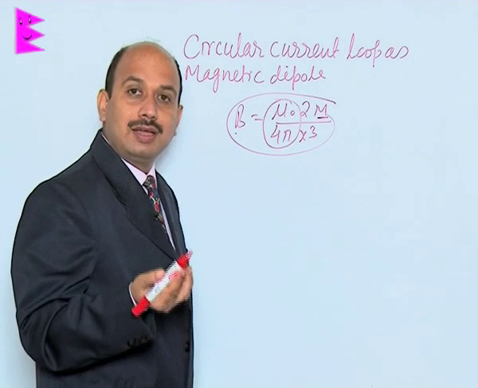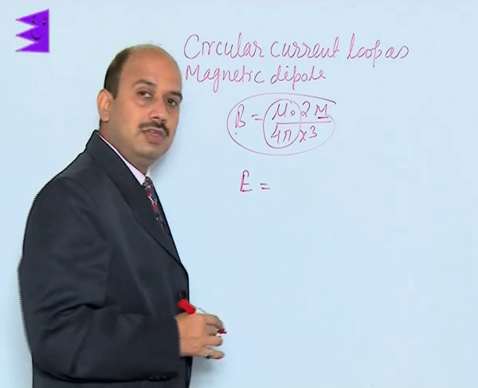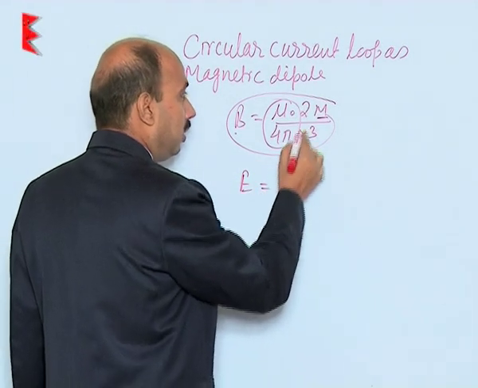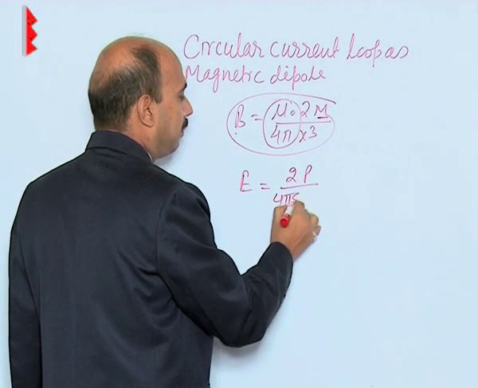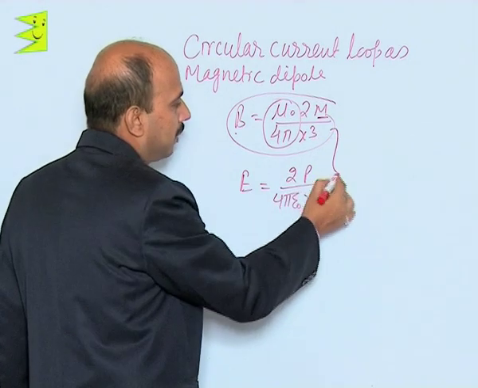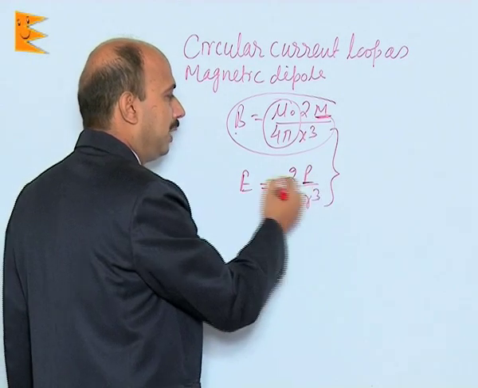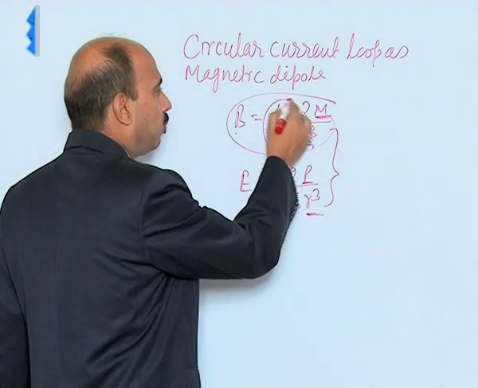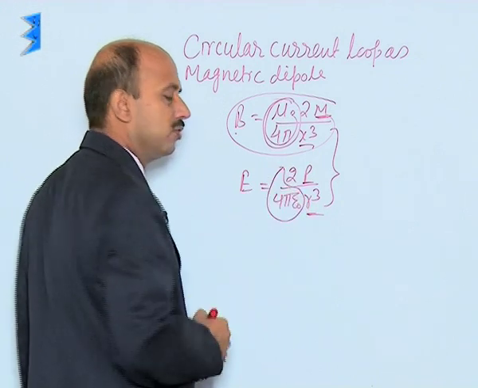If you recall the electric dipole, we calculated the electric field intensity at any point on the axis of the dipole: it is twice of P divided by 4 pi epsilon naught r cube. So these two expressions are similar to each other. Here M is the magnetic dipole moment, P is the electric dipole moment, x and r are the distances, mu naught upon 4 pi is a constant, and one upon 4 pi epsilon naught is a constant.